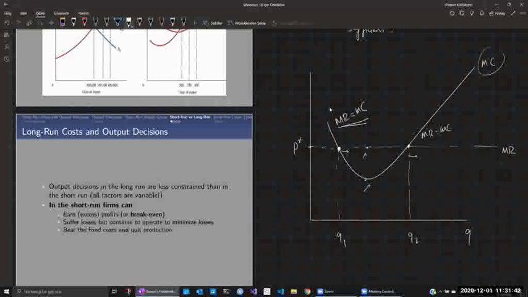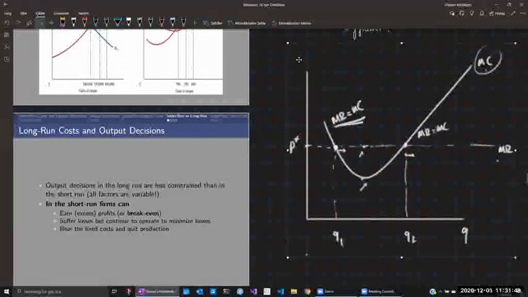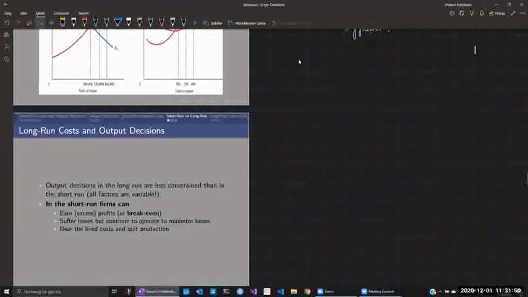So let me derive this a bit differently so that we can understand. Quantity again. Now, instead of marginal revenue and marginal cost, I will draw total revenue and total cost, if that is fine.